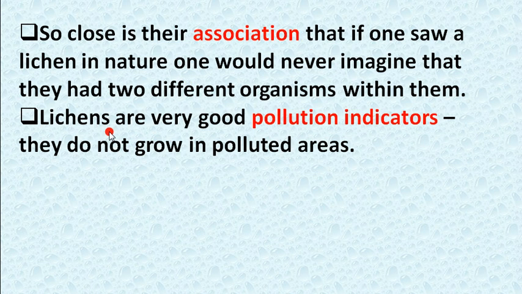That's why lichens are very good pollution indicators, because they do not grow in polluted areas. You can see their characteristic: where there is pollution, they will not grow. That's why they are pollution indicators, meaning where lichens are present we can say there is no pollution, because if there were pollution, lichens would not be there.